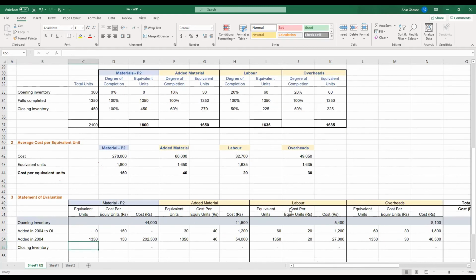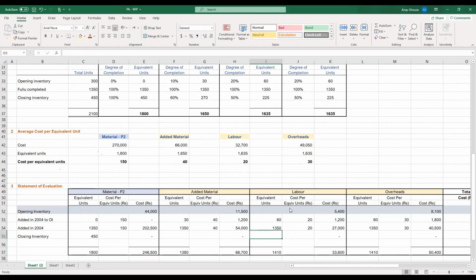And finally, the closing inventory, which is 450. The equivalent units will be how much? Yes, here 450, because it is 100% complete as far as material from process 2 is concerned. Then here 270, 225 and 225 respectively.